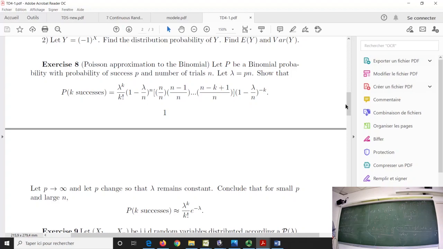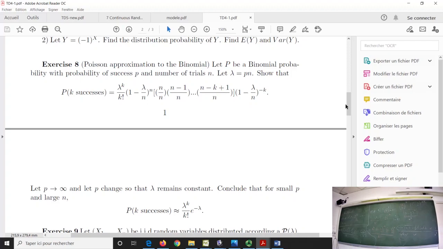The n over n is the one you have here, n minus 1 over n is the term you have here, until n minus k plus 1 over n you have in this expression. So I have the expression I want.